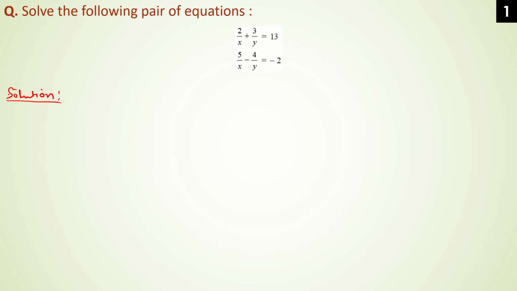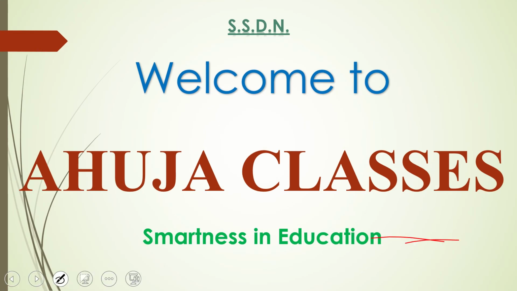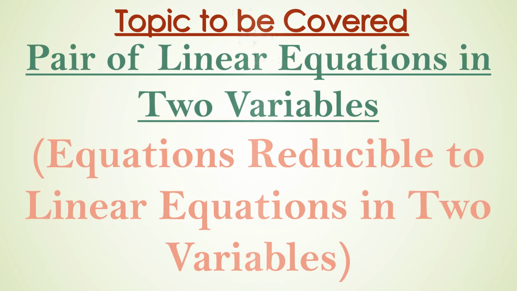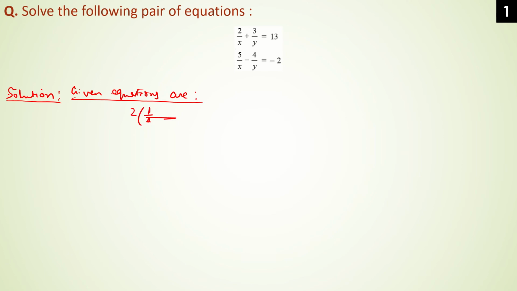So we will write the given equations in a particular manner: 2 into 1 by x plus 3 into 1 by y equals 13, and 5 into 1 by x minus 4 times 1 by y equals minus 2.